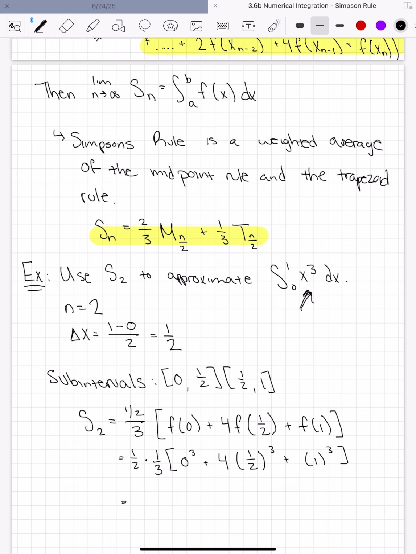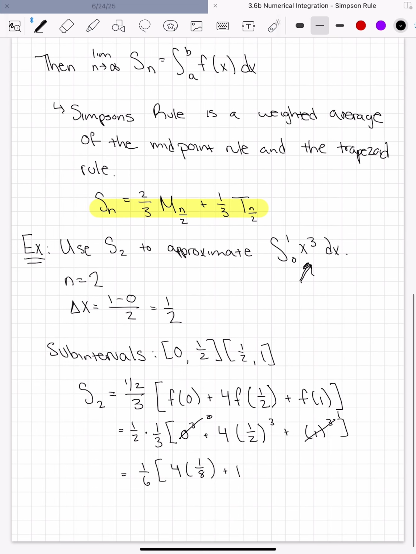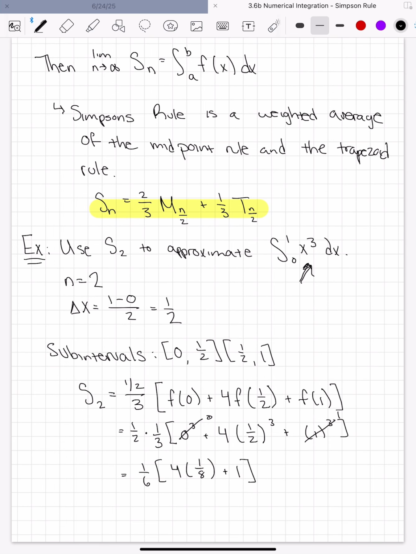So this just becomes 1/6, and then this is just 0, and this is just 1. So then 1/2 cubed, that's 1/2 times 1/2 is 1/4 times 1/2 is 1/8. So that's 4 times 1/8 plus 1. Right, so that's just 4/8 plus 1.